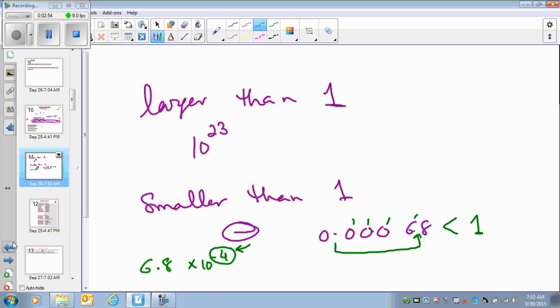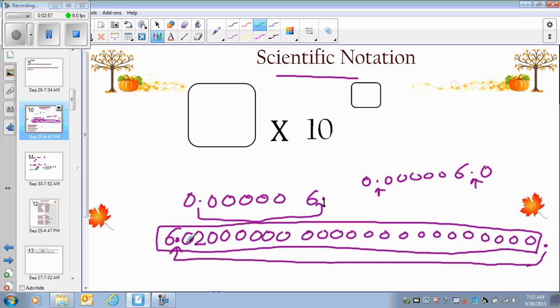On the other hand, as I gave you this example, if your number is much larger than 1, your decimal point is right here. You move it all the way back where there is only one digit in front of it. So the way you will write it is 6.02 times 10 to the 23, because there were 23 numbers that you traveled all the way to this point.